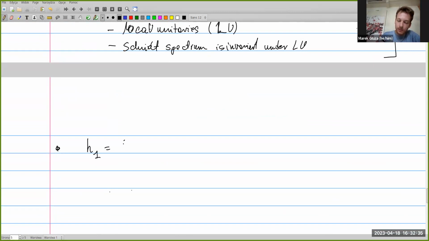Let me take H1, which will be X tensor identity. H2 is identity tensor Y tensor Y. So what's the commutator of H1 and H2?